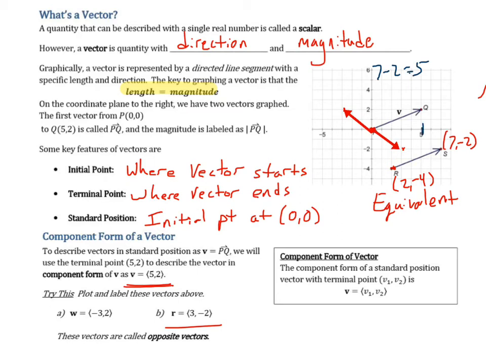And then up at -2 is our y coordinate. This y value is down at -4. So what's that rise? Well, that rise there is going to be -2 minus -4. Okay, so -2 minus -4. That's going to tell us we're going 2 because it's going up 2.